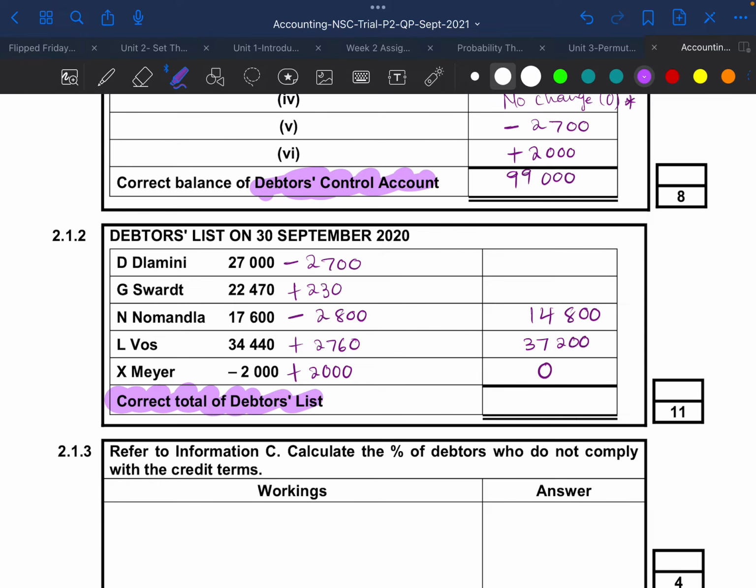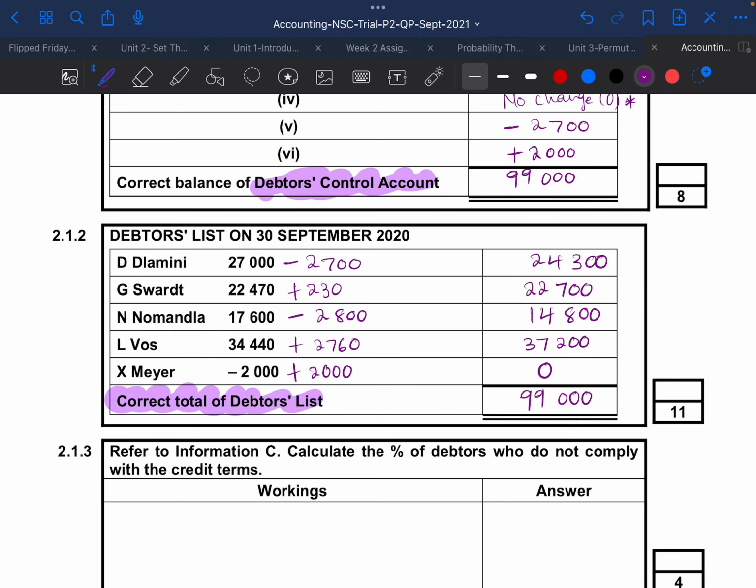And then D, Lamine, it's 27,000 minus 2,700, and I'm getting 24,300. And then G SWAT, I guess that is 22,700. Okay, so let's just quickly add and see that we're getting 99,000 or not. So that's 37,200. Yes, so that's 99,000.